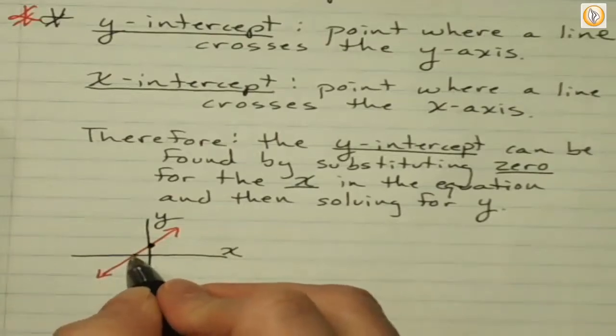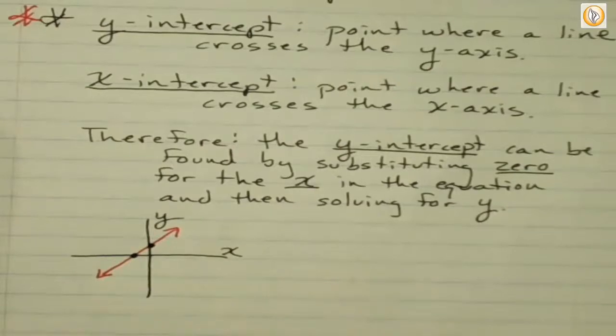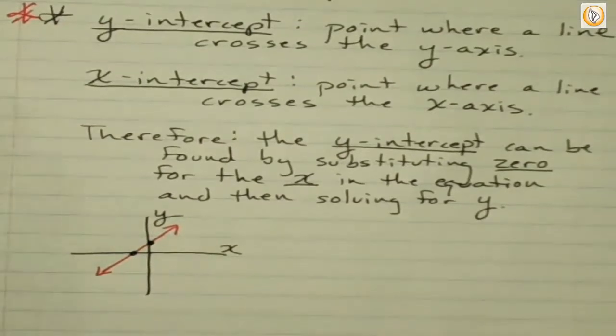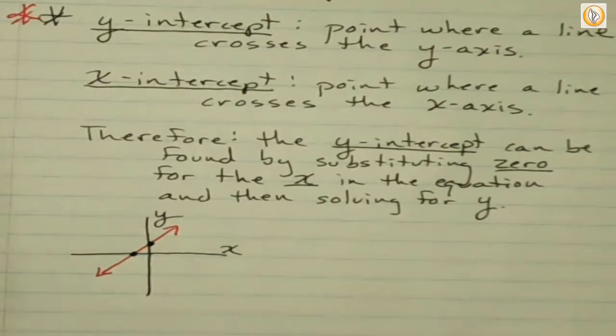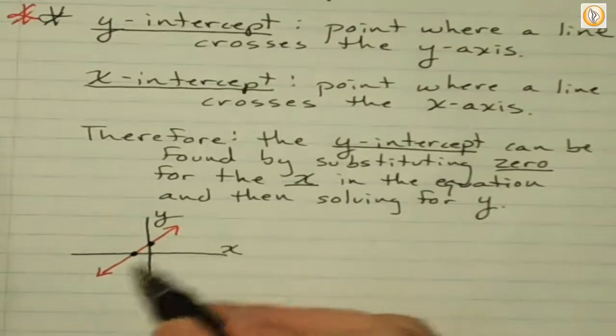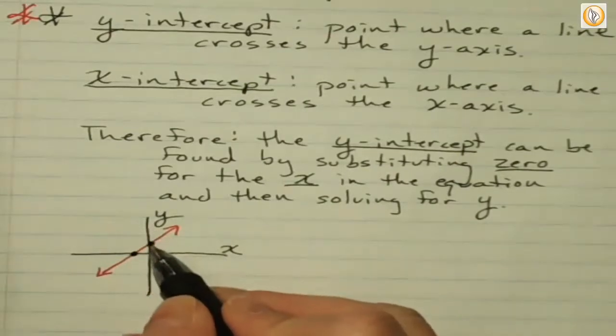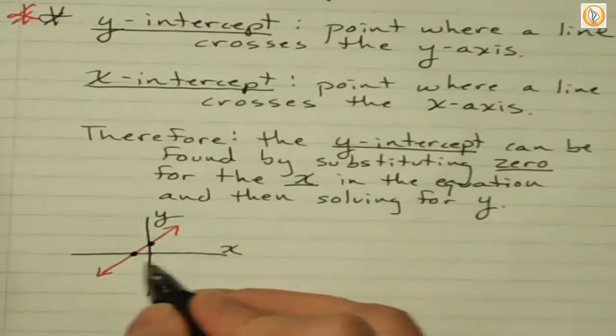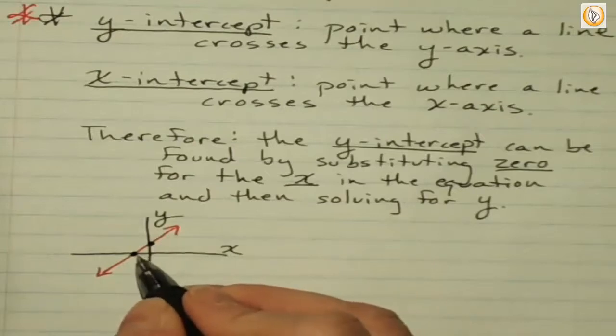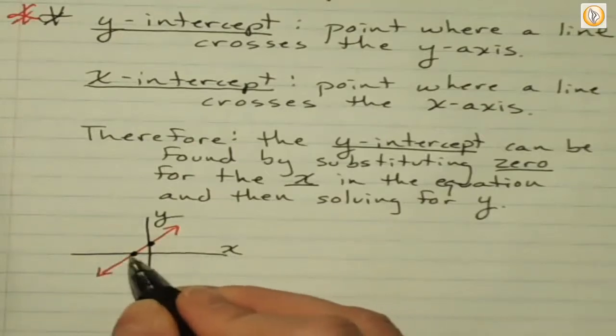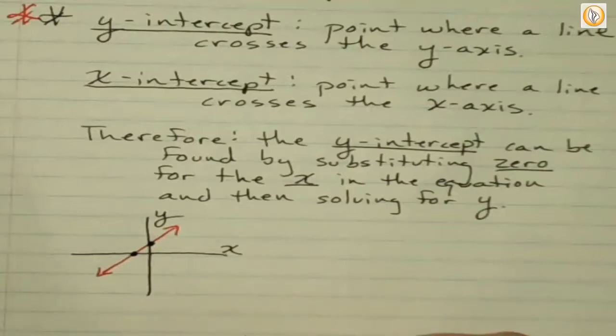Where this crosses the x-axis, that's your x-intercept. So there's a visual for what we're talking about. The y-intercept is where your line crosses the y, and your x-intercept is where the line crosses the x-axis. Does that make sense?